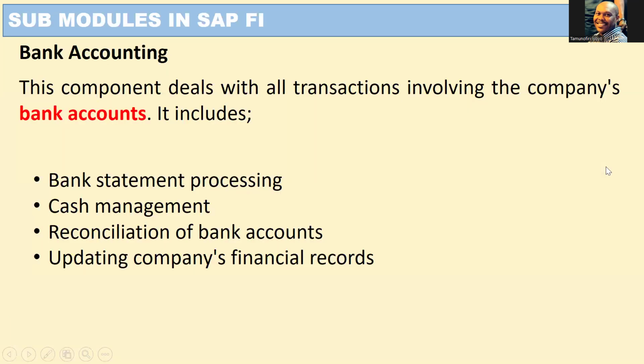Okay, the next we'll be looking at is the bank accounting, which is also one of the submodels in the SAP FI. This component deals with all transactions involving the company's bank accounts. It includes bank statement processing, cash management, reconciliation of bank accounts, and updating the company's financial records.